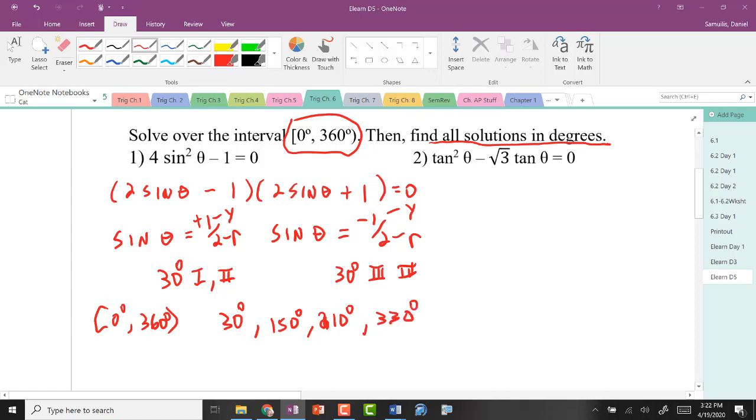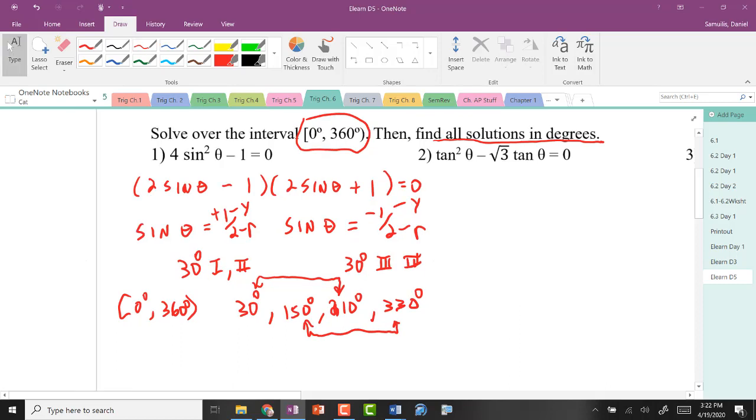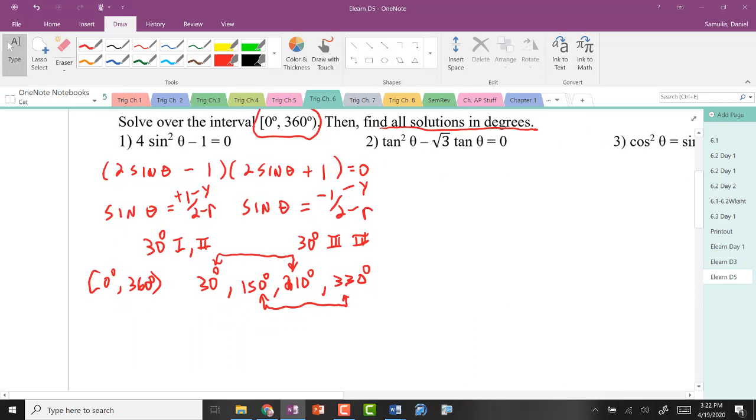And then if you look at these answers, these two sets of answers are 180 away. These two sets are also 180 away. So when we go to, and I'm only going to do it on number 1, finding all solutions, we can write that as an expression 30, the first one, plus, since these are 180 away, we can do 180n, and that takes care of these two sets of answers that will always land on one or the other coterminal.